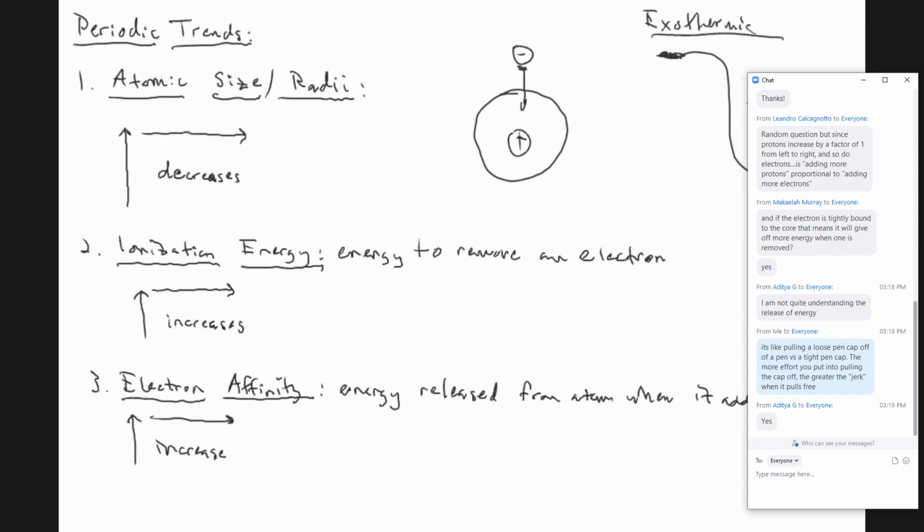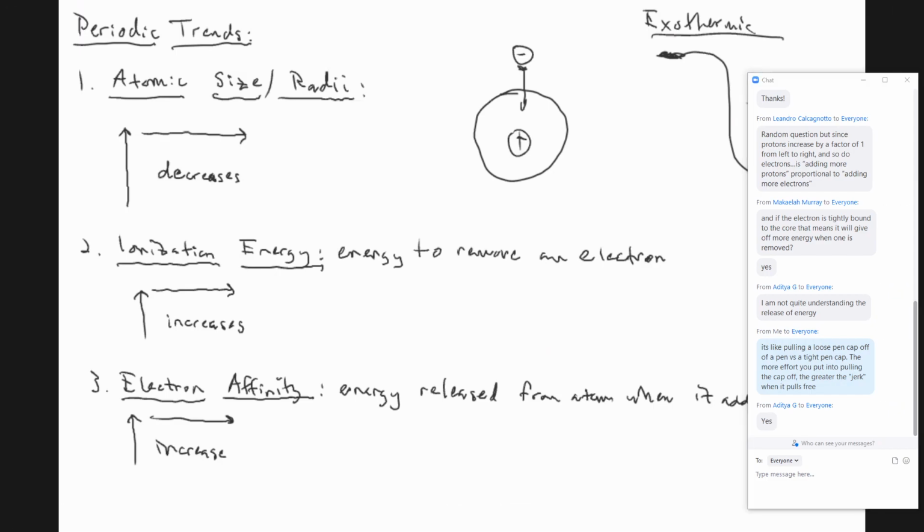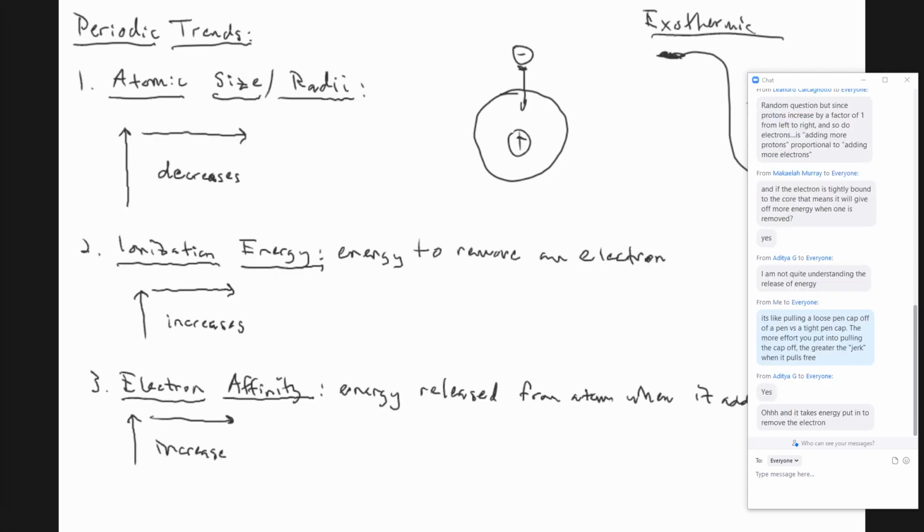Isn't that what's happening when you do a chemical reaction? Except now it's just happening for your atom. Exactly. Because you're more stable here now, this is where your electron is residing in a more stable state, closer to the nucleus, you have to put in more energy to bring it back out. Ta-da!